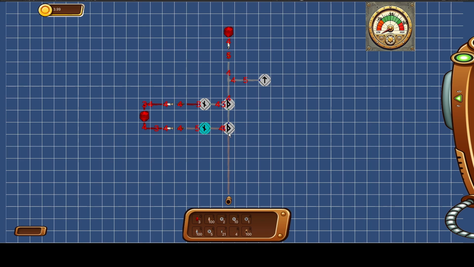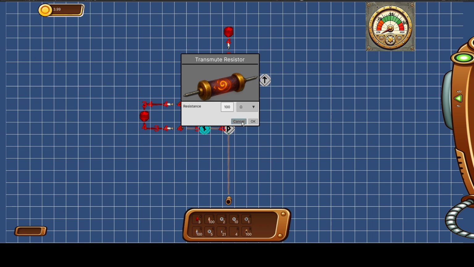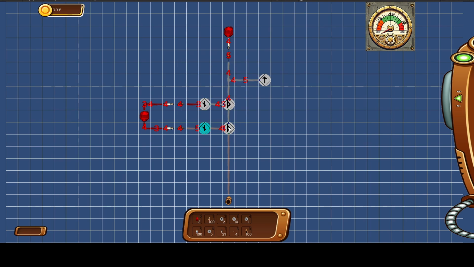Hopefully that won't be a problem, but if it does become a problem, I'll probably find something I can do to make this switchable between PNP and NPN, because I do like that idea a lot better, similar to what I do here where you're able to double click on a resistor and bring up something to edit it. It'll probably be something like this where you could double click on one of these to change it from PNP to NPN, and then I might reuse my inverter rune to swap this around so that it indicates that it is different.